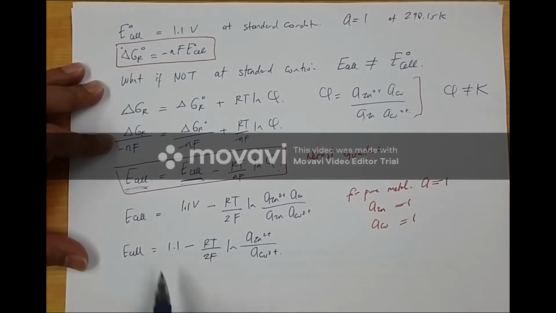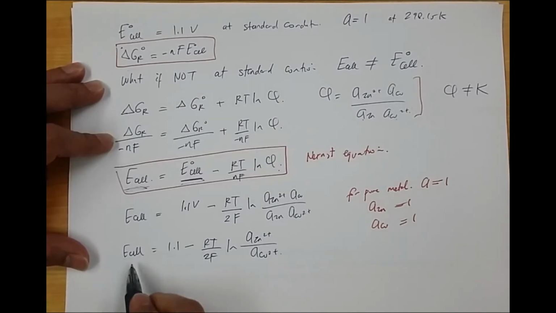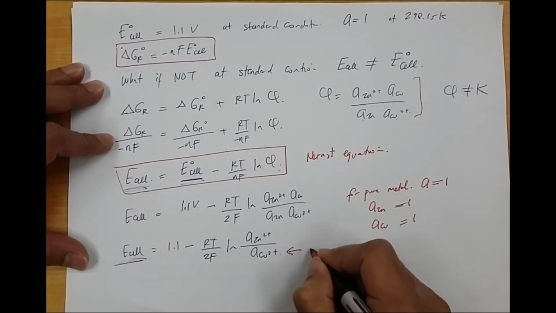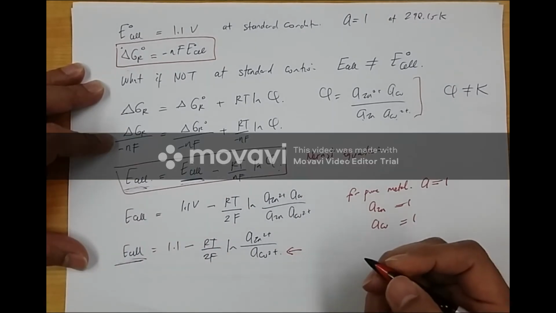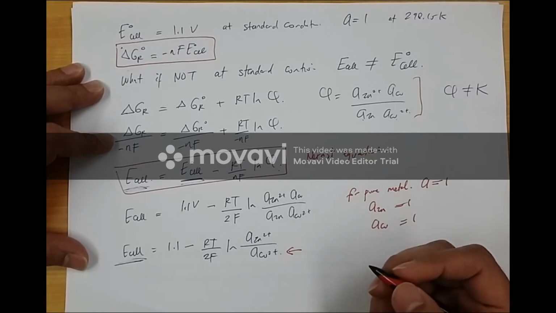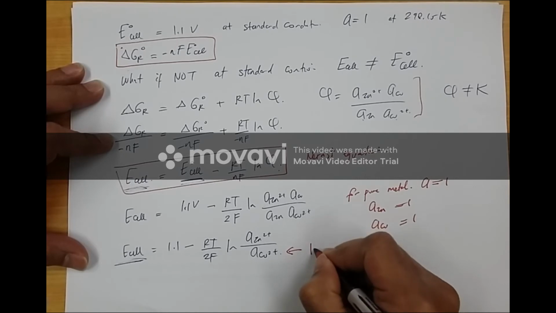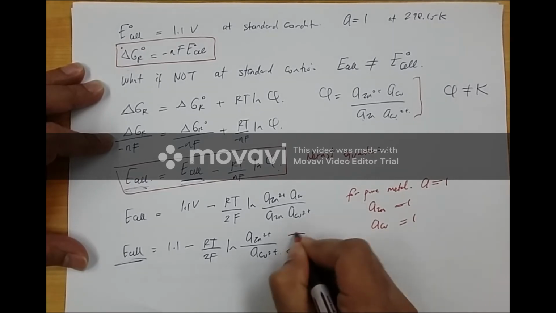Okay, so if you look at this equation, how can you maximize the E of the cell? You can do this by making the activity of the copper 2 plus really big, or large, and making this small.